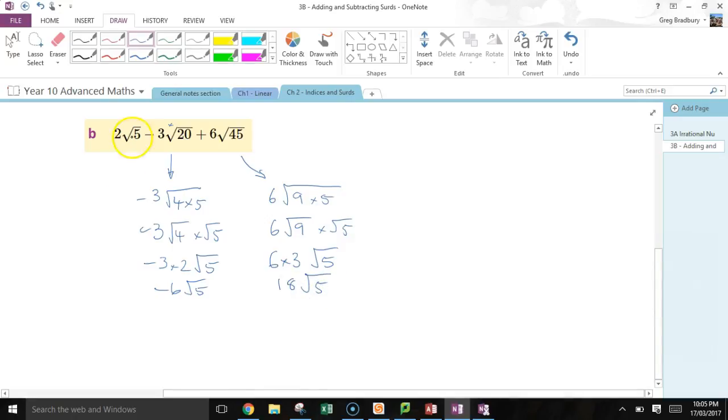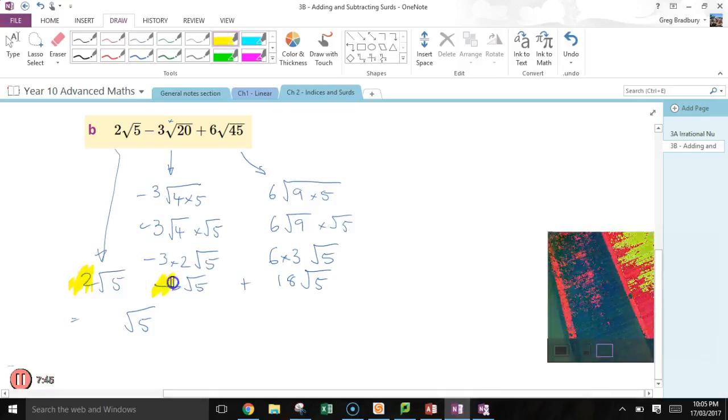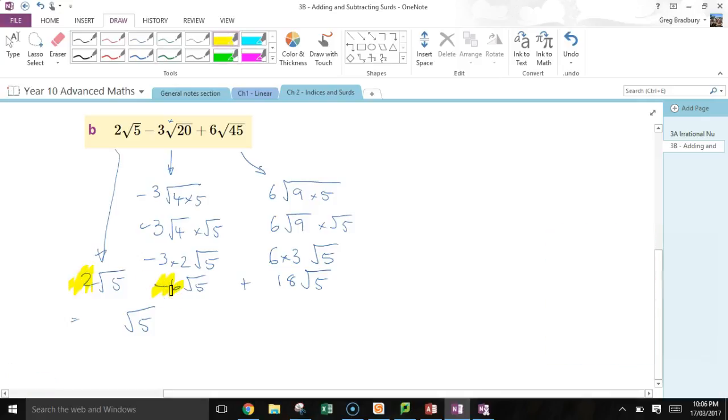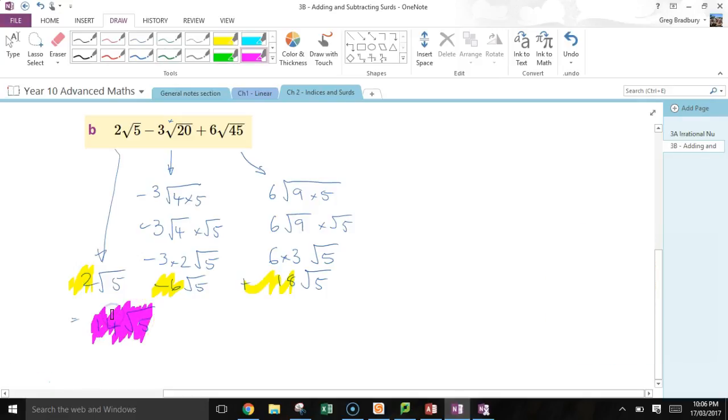I'm going to bring my original first term down because that just stays as it is. 2 root 5 minus 6 root 5 plus 18 root 5. It's going to be something root 5. We just have to add and subtract all these things. So 2 take away 6 is negative 4, plus 18 is 14. 14 root 5. That is your simplest form answer for that example.